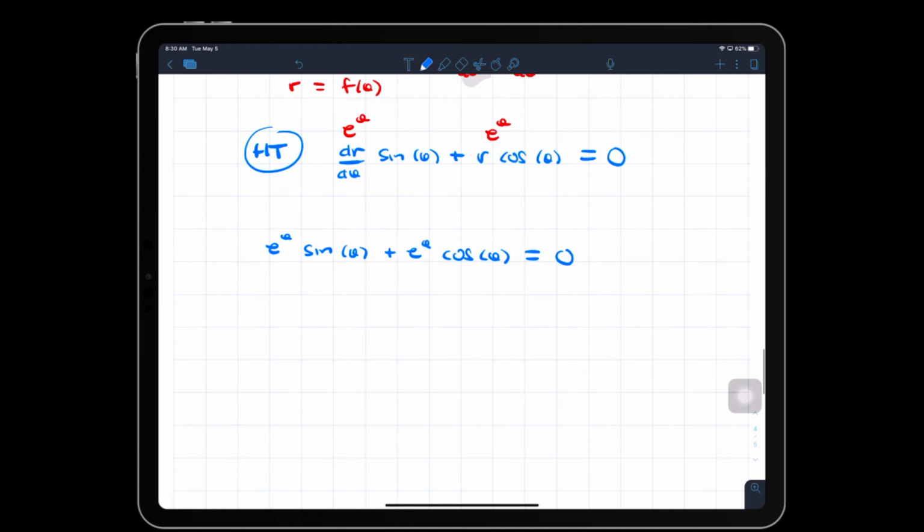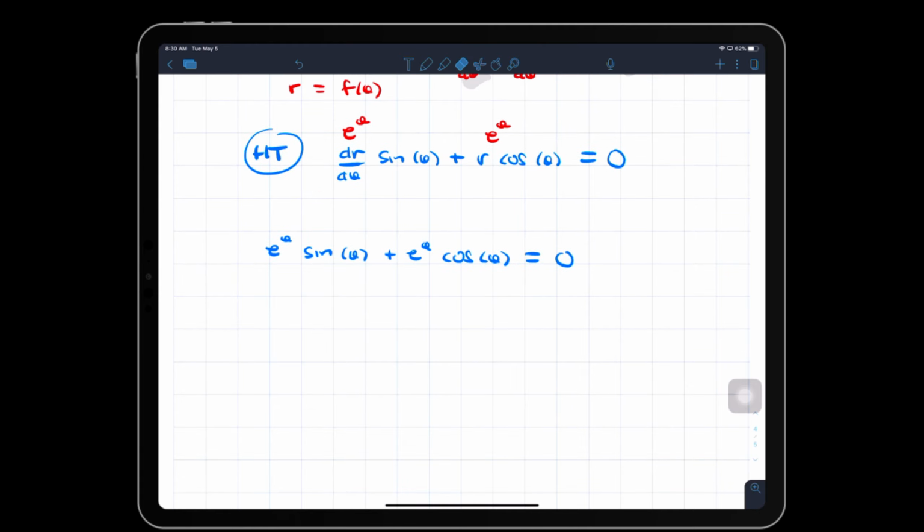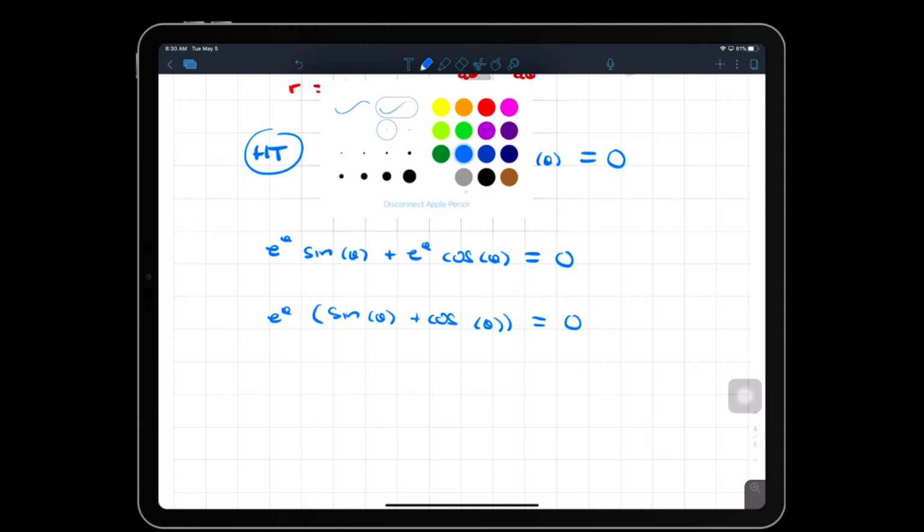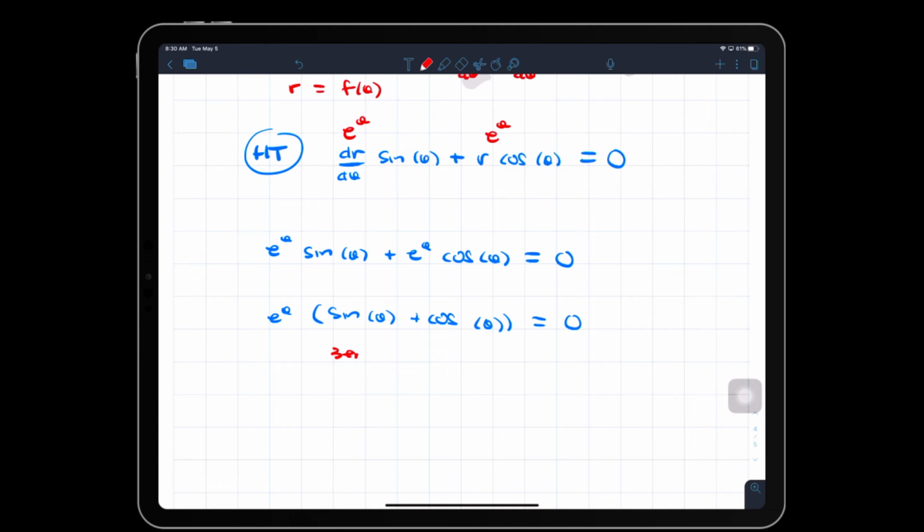For a horizontal tangent, factor out your e^theta. And of course, you get sine theta plus cosine theta, and that equals 0. Now, you have to know how to solve some equations here. Meaning, we're going to use what's called the zero product rule from algebra, if you guys remember, right?